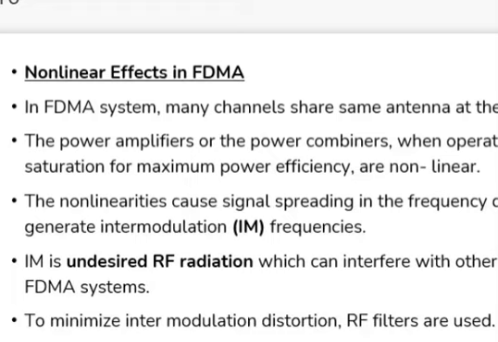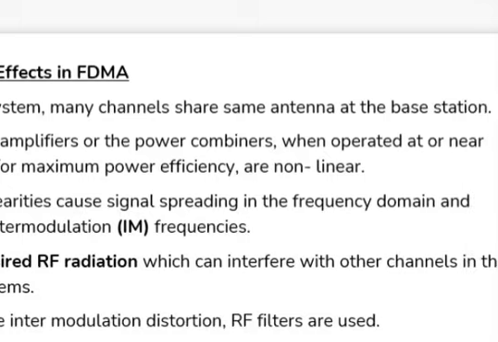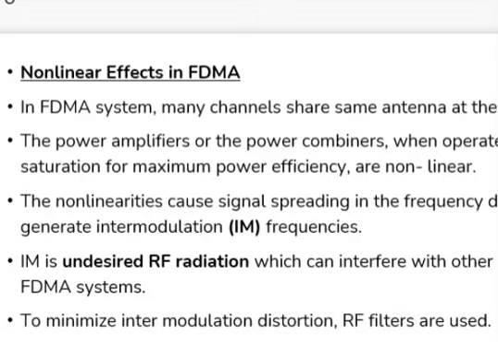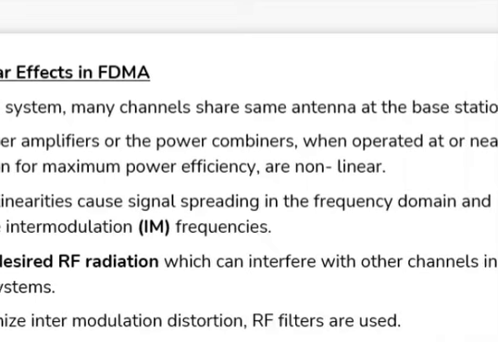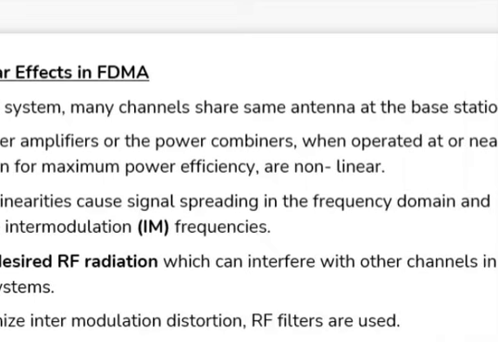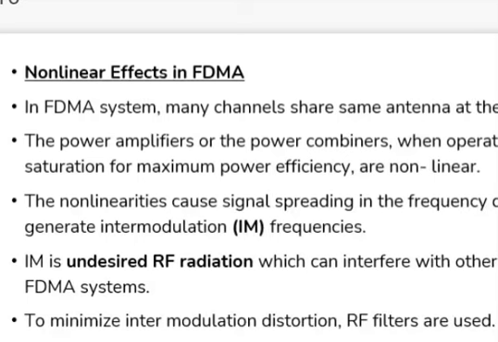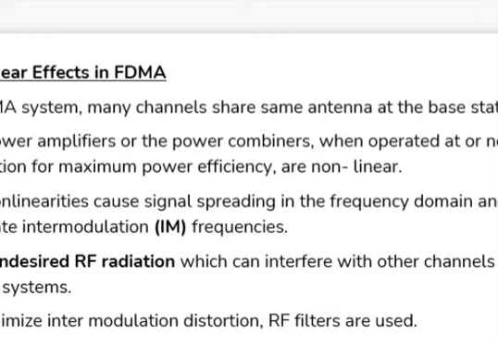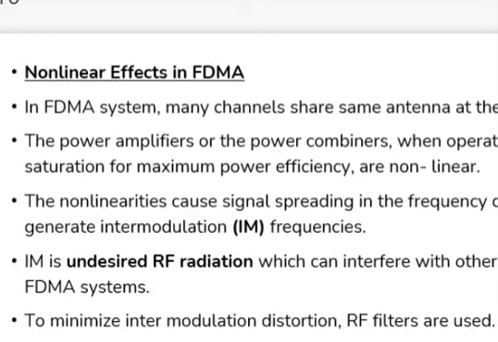These non-linearities cause signal spreading in the frequency domain and also generate intermodulation frequencies. Intermodulation frequency is denoted as IM, which is an undesired RF radiation that can interfere with other channels in the FDMA systems. To minimize intermodulation distortion, RF filters are used.